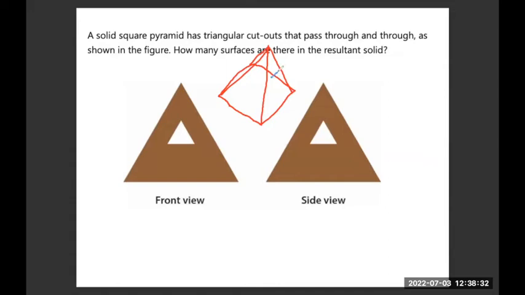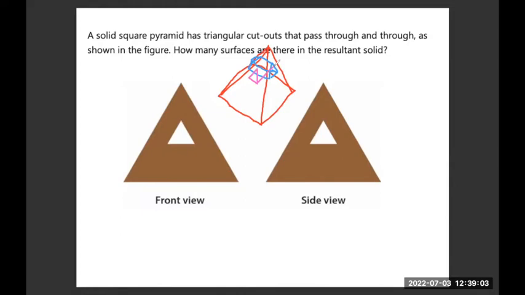From this, what I have been told is this is getting cut. It's getting cut like this somewhere. And from the other side, there is another cutout, which is cut like this.